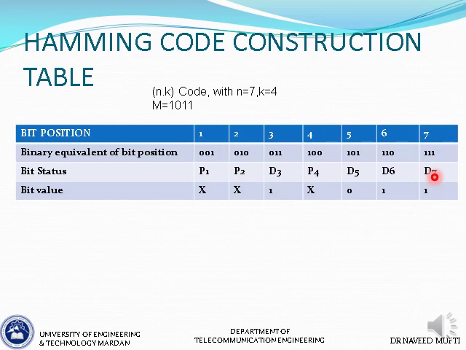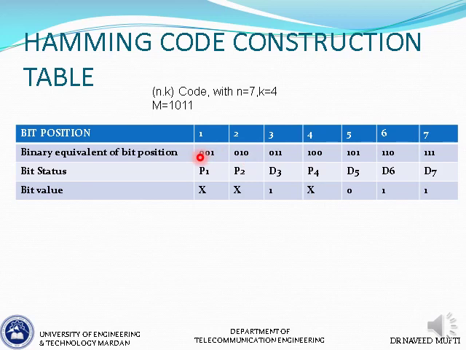And now the third parity bit P4. The rule for that is that it covers all the bit positions whose third last bit in binary representation is 1. That was the least significant bit, that is the second least significant bit, this is the third least significant bit.